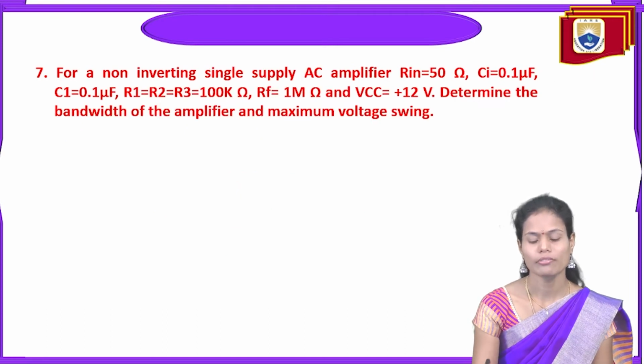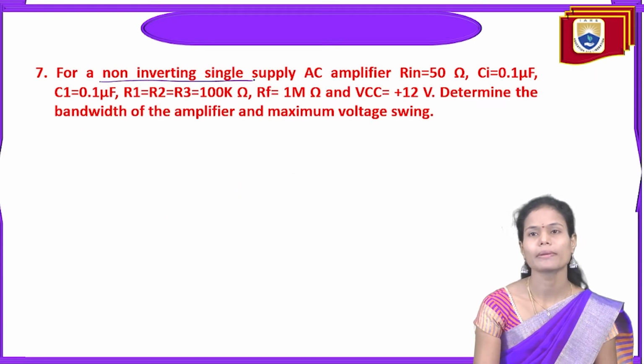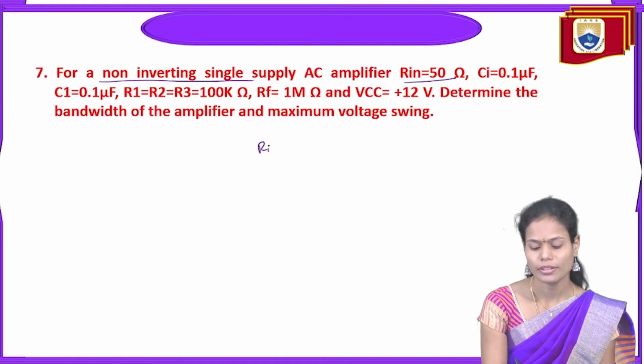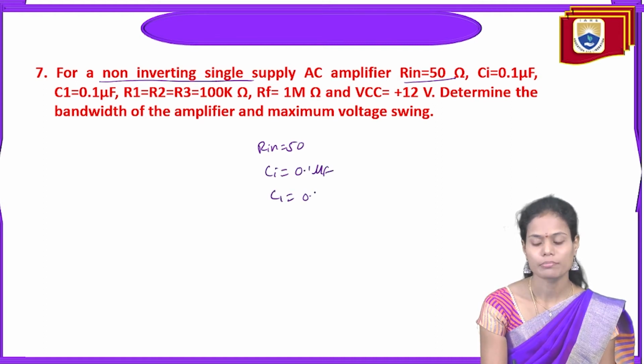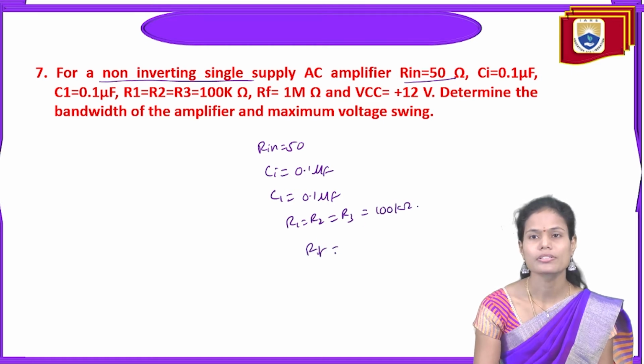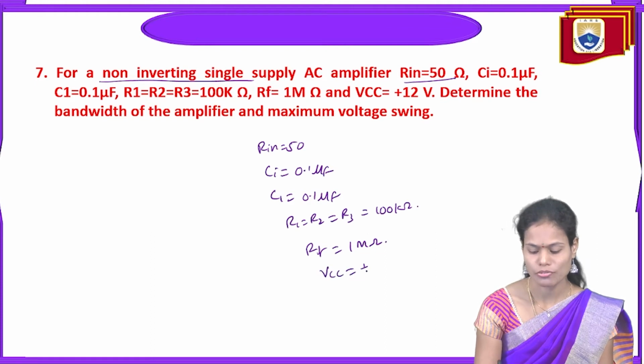And next, for a non-inverting single supply AC amplifier, the input capacitance is 0.1 microfarads, C1 is 0.1 microfarads, all three resistances are given as 100 kilo ohms, the feedback resistance is 1 mega ohm, and the supply voltage is plus 12 volts.